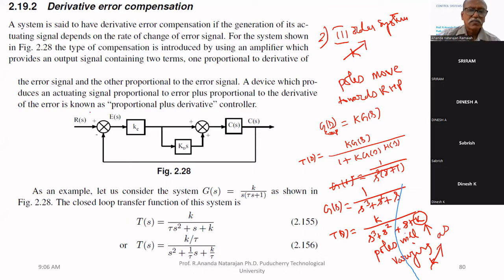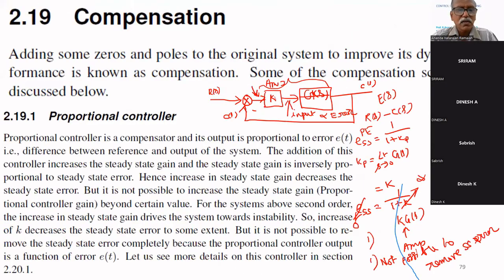From third order onwards, suppose I have a third order system with poles like this, when K equals 0. If you increase K, what will happen? This pole will move towards the left hand side, but these two poles will move towards the right hand side.